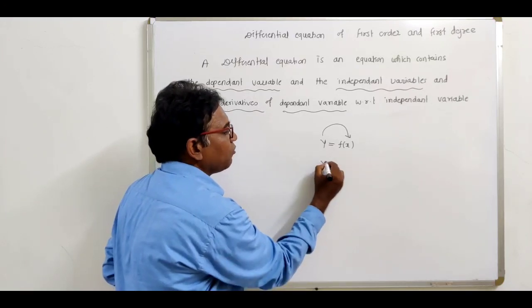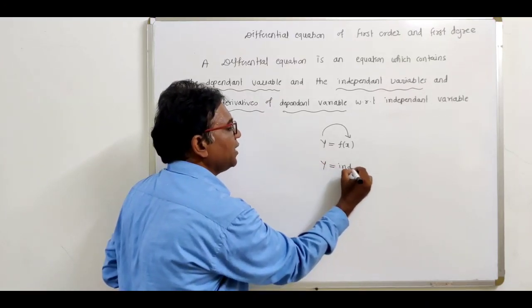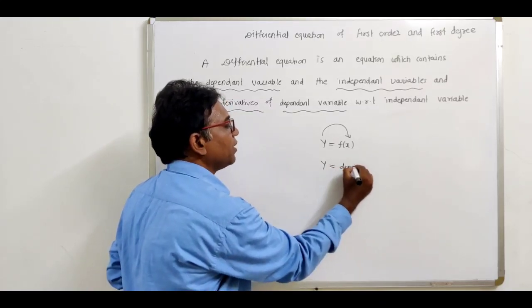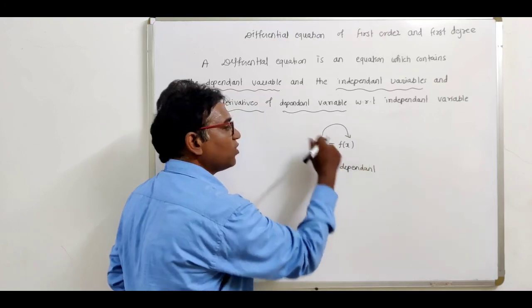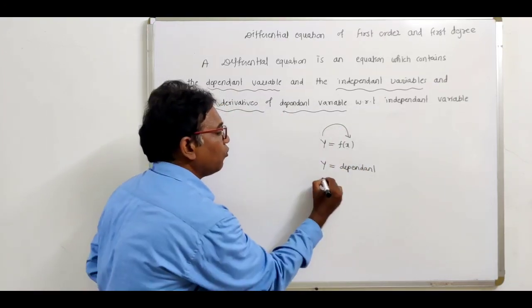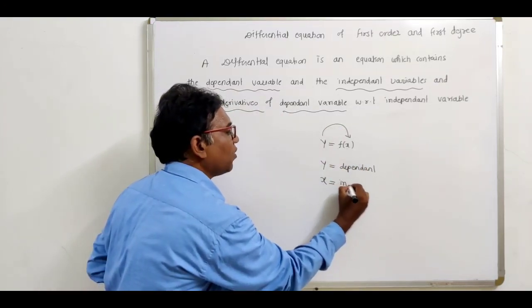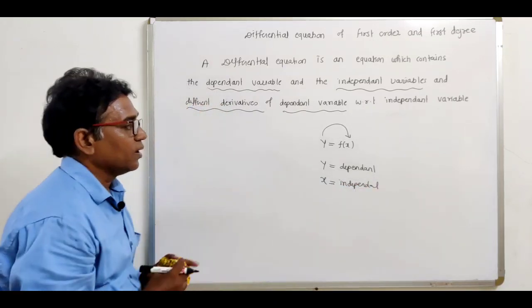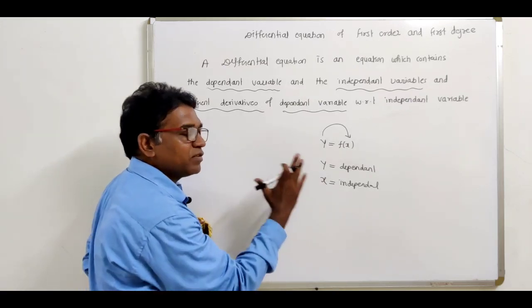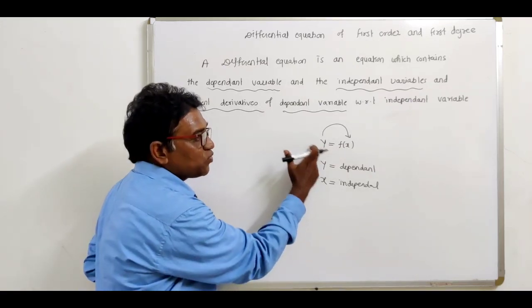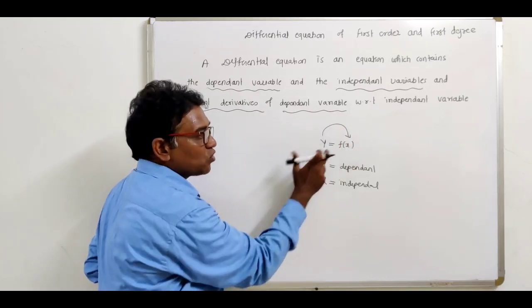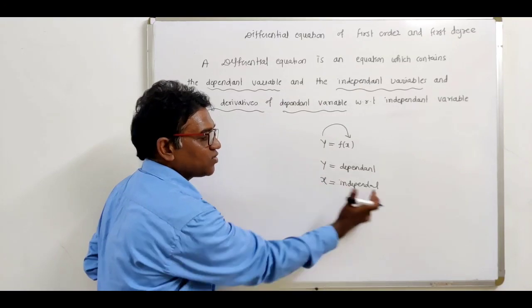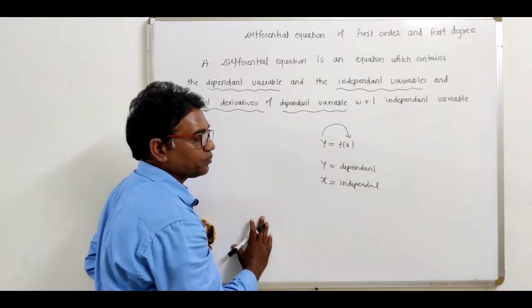So y is called the dependent variable because it depends upon x, and x is called the independent variable.